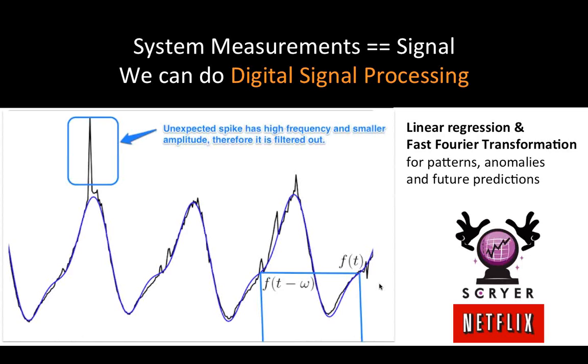A lot of the traffic is actually repeating over certain time periods, so they can detect that, and they can also detect anomalies, strange peaks which are not normal. So Netflix Scryer is a really interesting predictive reactive autoscaling engine using linear regression and fast Fourier transformation for the measured signals from their system. There are some beautiful blog posts on that at the Netflix Tech blog.